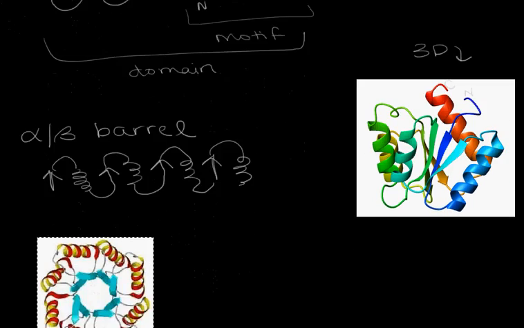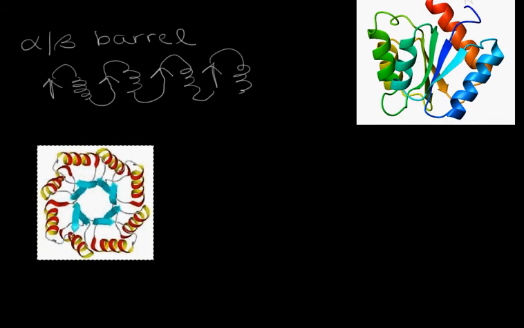Okay, here you go. And this is what an alpha-beta barrel would look like in the 3D representation. So we see that what this actually does is it kind of makes a hole in the middle, like it could hold something like a barrel. So the alpha helices are around the outside and the beta strands are in the middle. And so this is actually a really great scaffold that's used by many, many enzymes to perform tons of different catalysis.